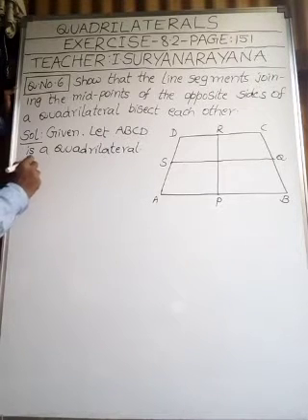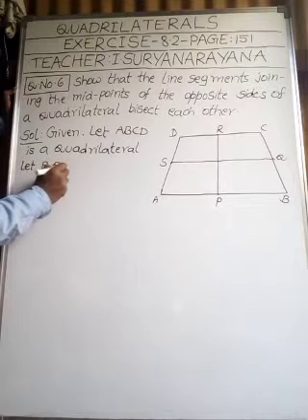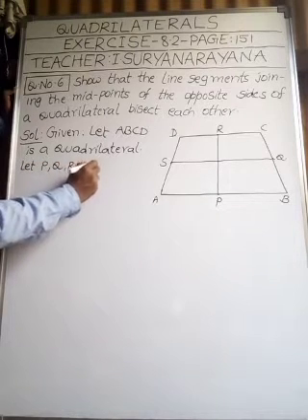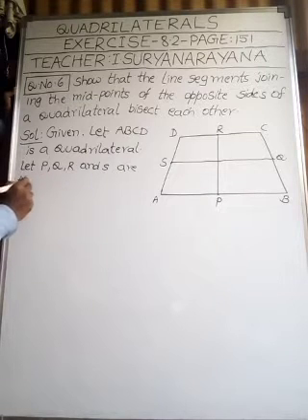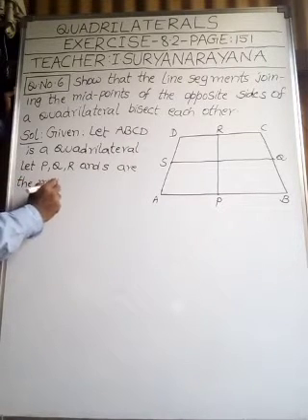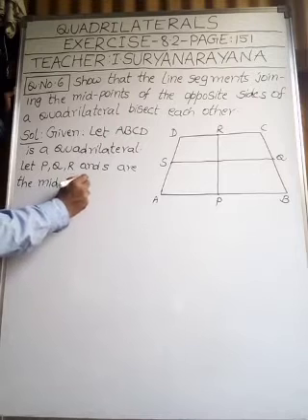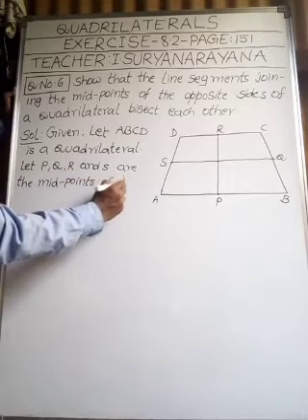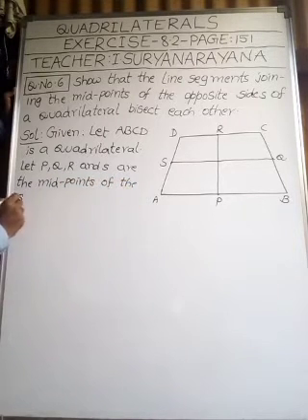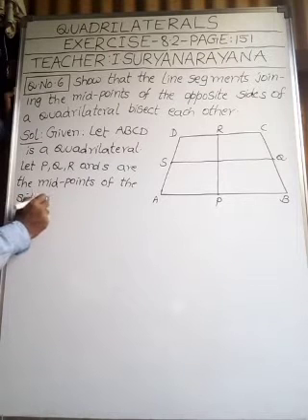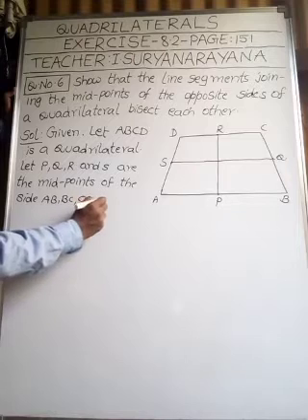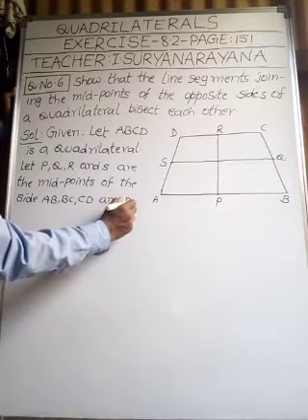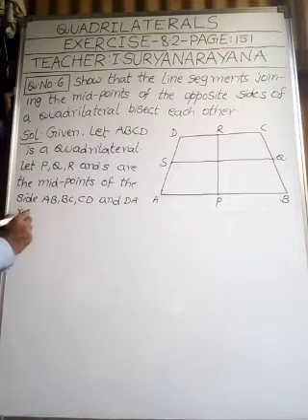Let P, Q, R and S be the midpoints of the sides AB, BC, CD and DA respectively.